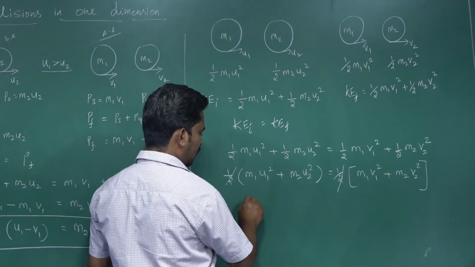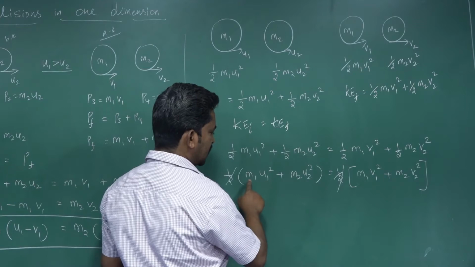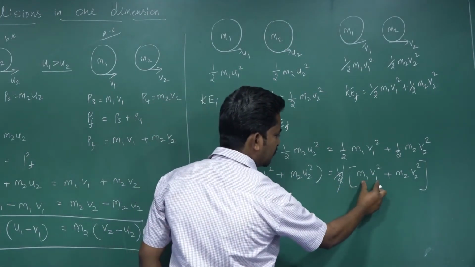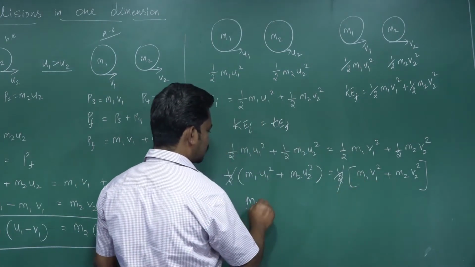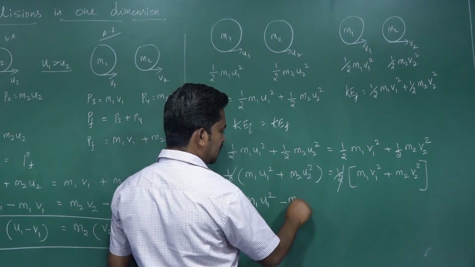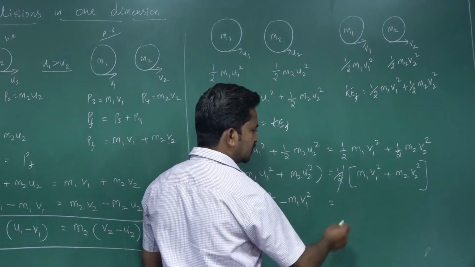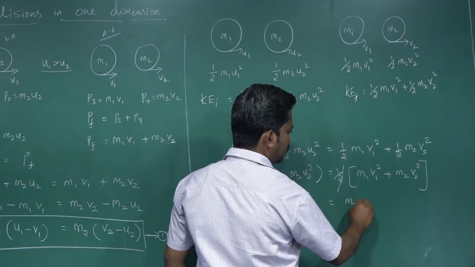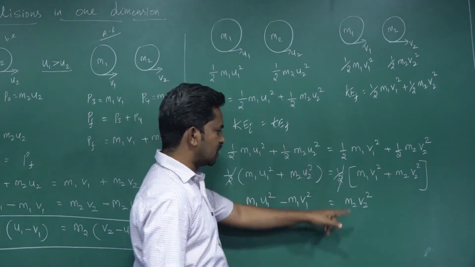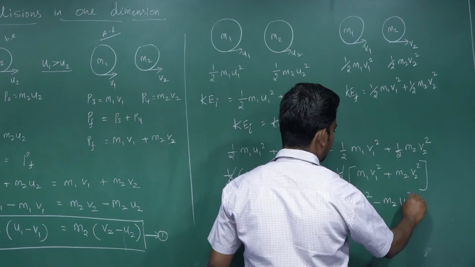So here we have m1 u1 square, and here m1 v1 square, which is positive on one side and becomes negative when moved. So m1 u1 square minus m1 v1 square is equal to m2 v2 square, and m2 u2 square moves across as negative, minus m2 u2 square.